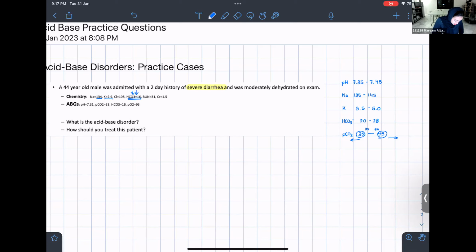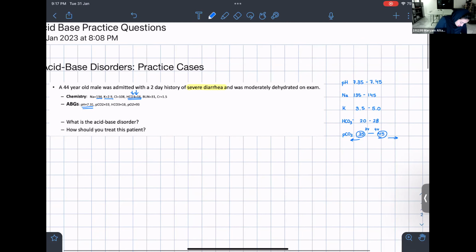So for the ABGs, we see that pH is 7.31. Is that acidotic? Is that alkalotic, or is it normal? You guys tell me. Okay, perfect. Yes, it's an acid.